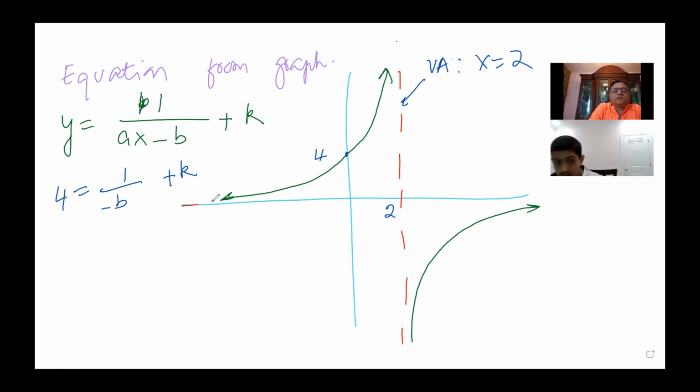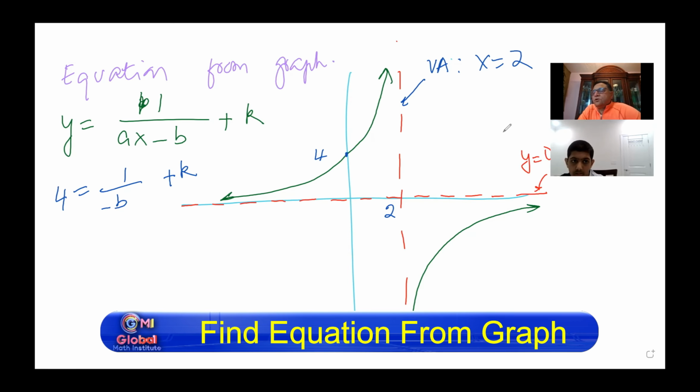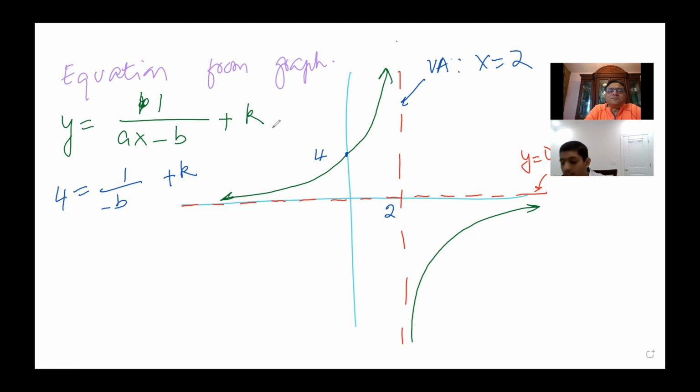Also note that the horizontal asymptote is y equals 0, correct? So it is good to start with the horizontal asymptote. That gives you what? 4 equals 1 over minus b plus k. If you start with the horizontal asymptote, you know k is 0, right?